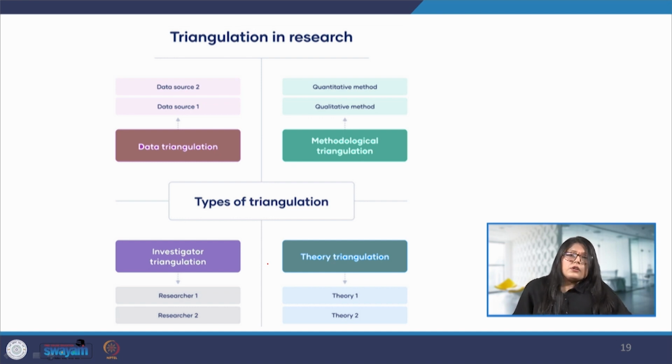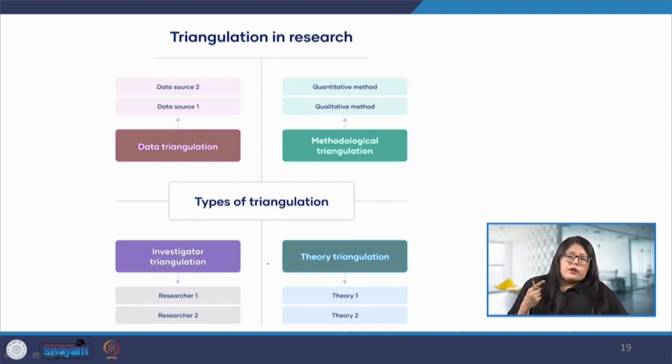Theory triangulation means applying several different theoretical frameworks in our research instead of approaching a research question from just one theoretical perspective. For example, people shop online to avoid crowds, and second, we can say that people shop online because trying clothes in the comfort of their home is much easier.